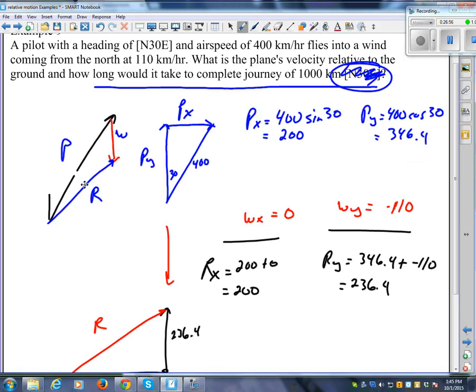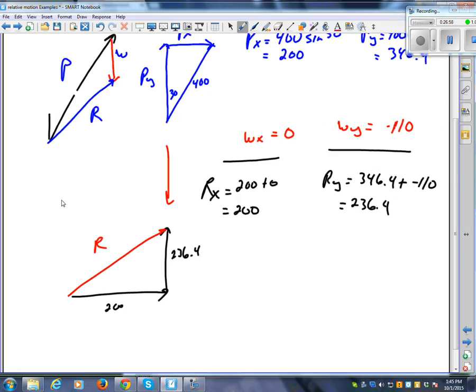Is it for sure a right triangle? They're x and y components. R squared is going to be 200 squared plus 236.4 squared.